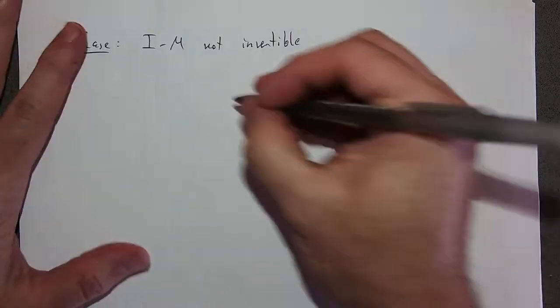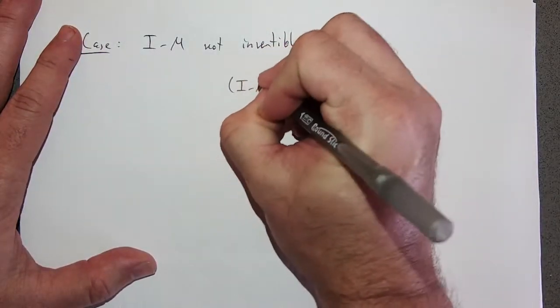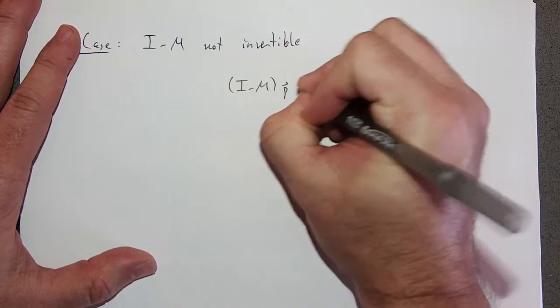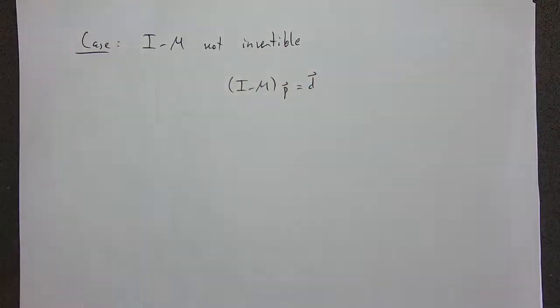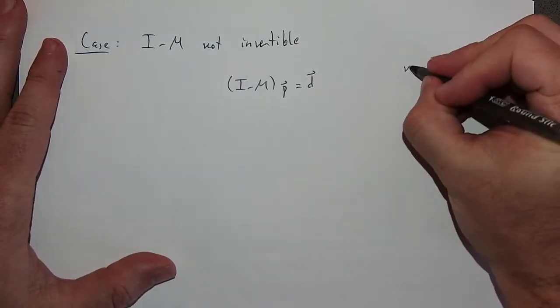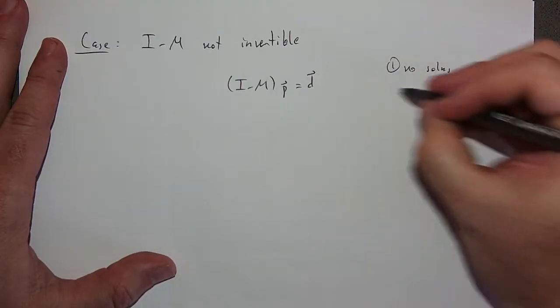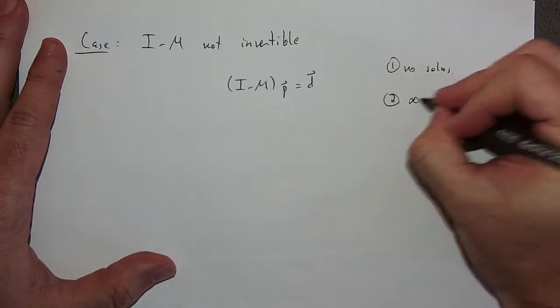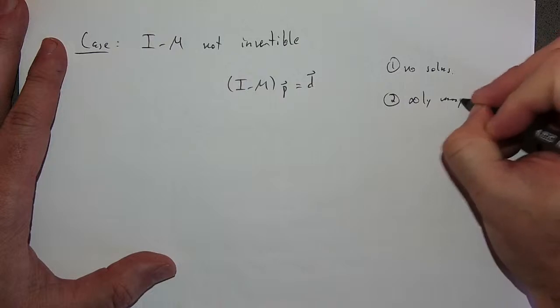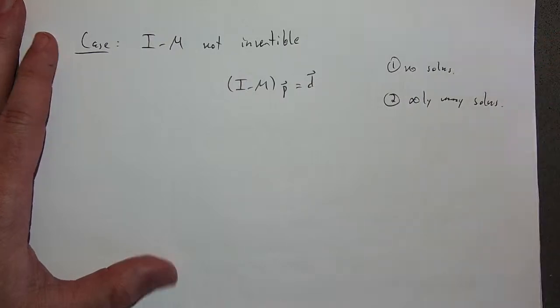But let's go back to our equation. So there it is, and I minus M is not invertible. So we have two possibilities: either no solutions or infinitely many solutions. That's one possibility. Infinitely many solutions is the other possibility.